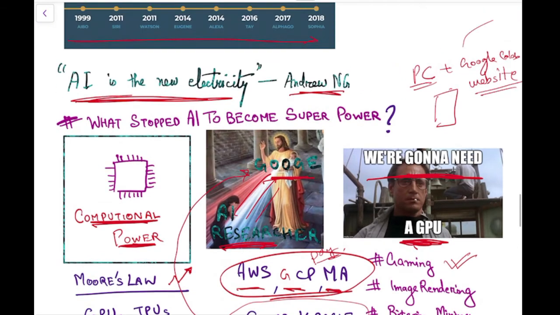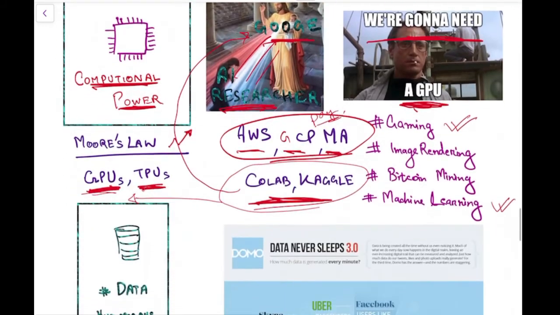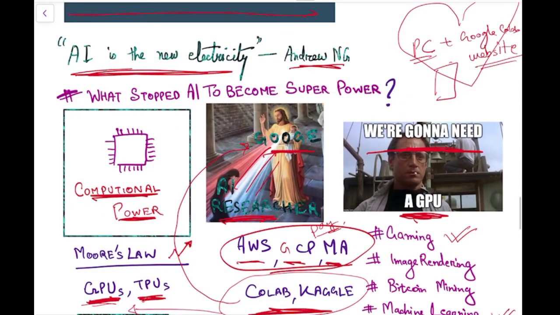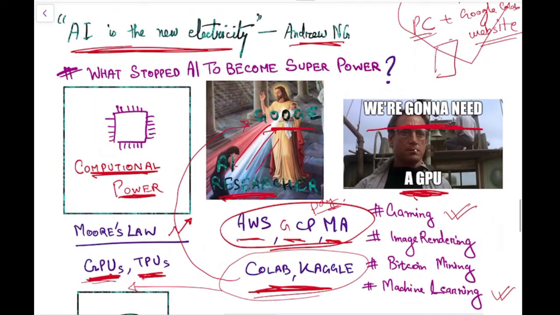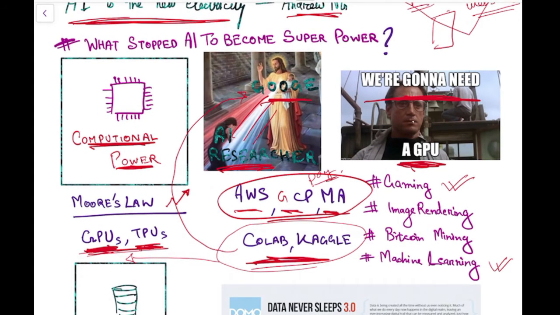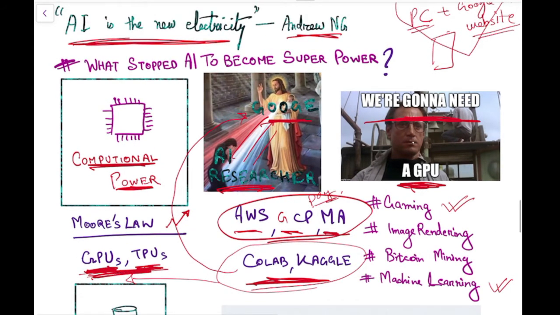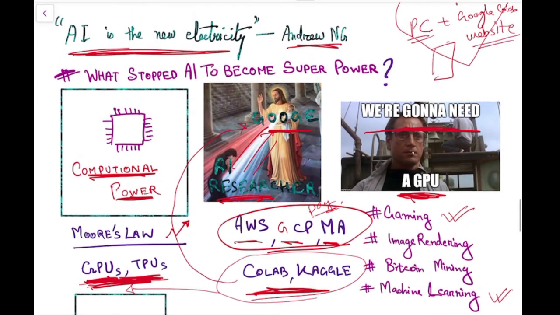This is a very good combination, so in our course also we'll use the same. With that, now everyone can access computation free of cost. So that's why nowadays this is not a restriction, and that's why it is booming.